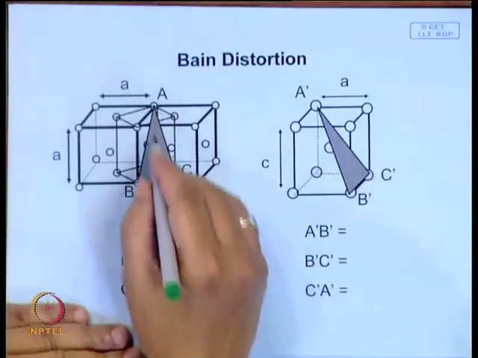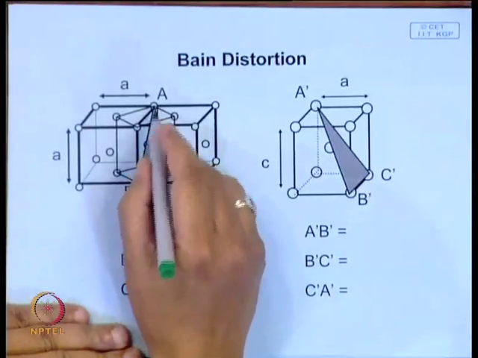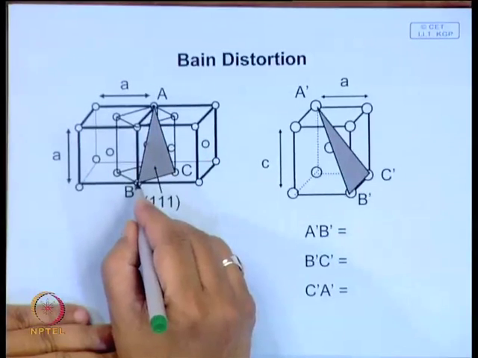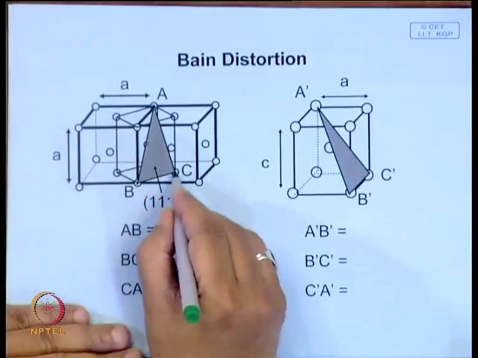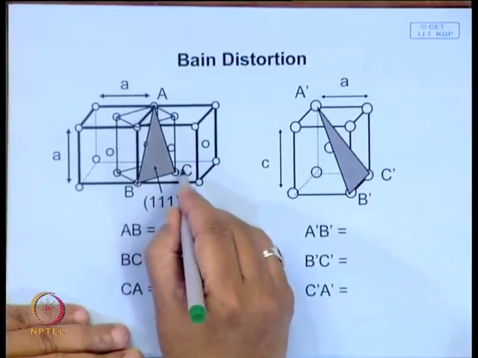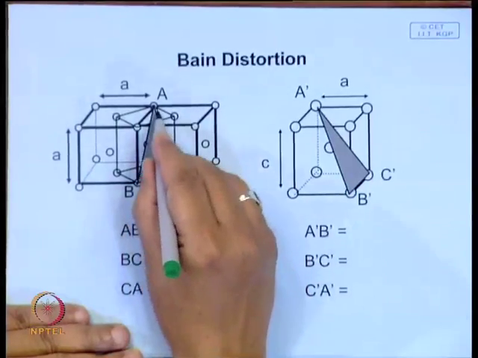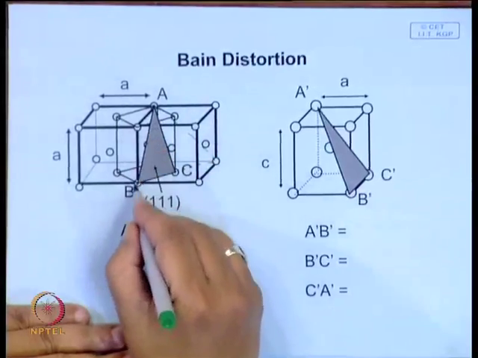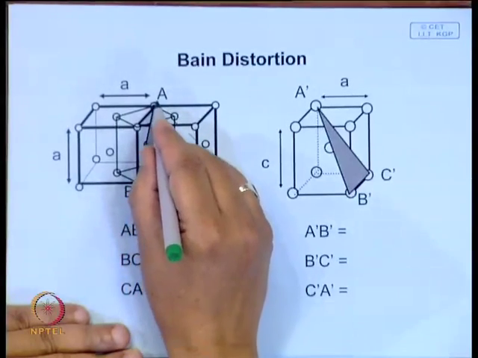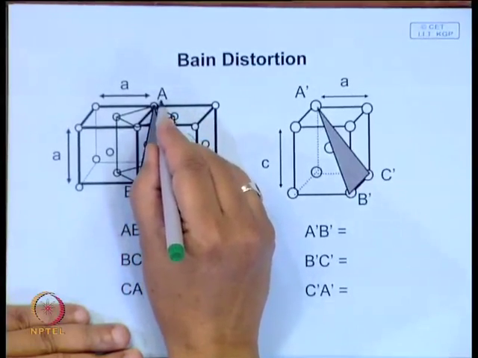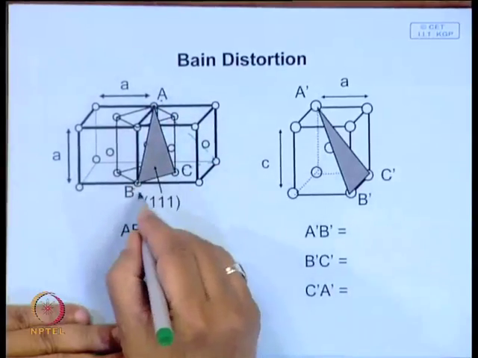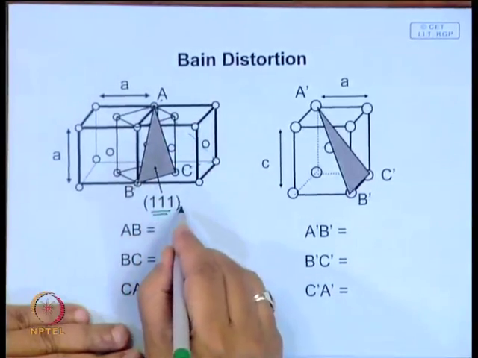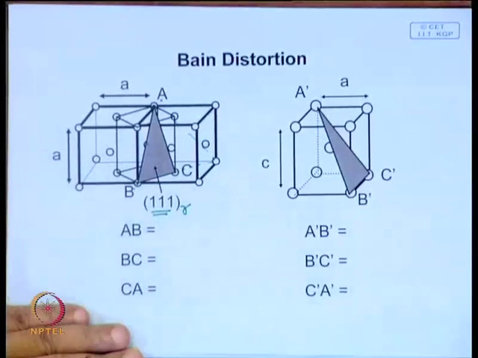Try and find out what this plane is. It intersects here at unit distance, here at unit distance, and here, of course, you can extend it. So, this plane, named ABC, is actually a 1 1 1 plane, and this is a plane in the austenite lattice.